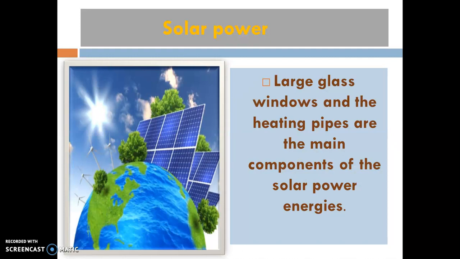Solar power. Again, here we may see some points about solar power. Large glass windows and heating pipes are the main components of solar power energy. Using the sun's rays, solar power is very popular nowadays. By using it, we may get free electricity and free hot water. These are very commonly used in all parts of the world.